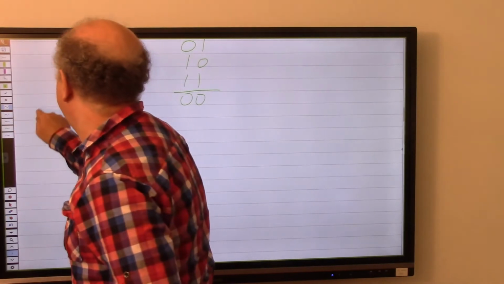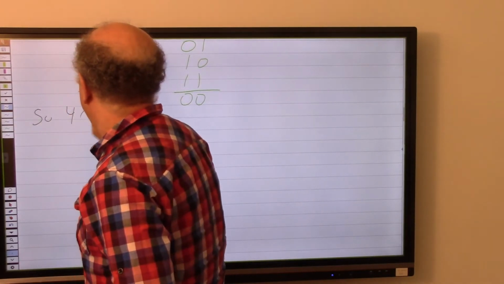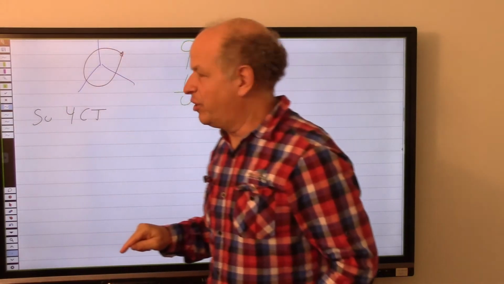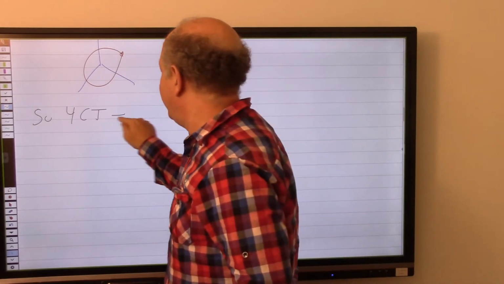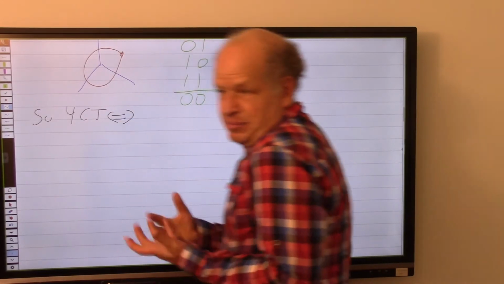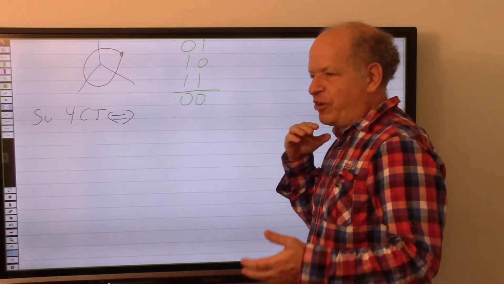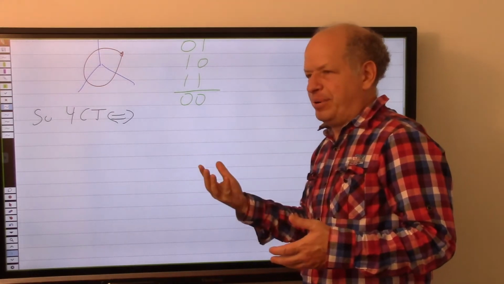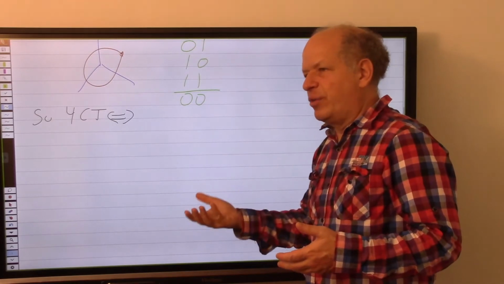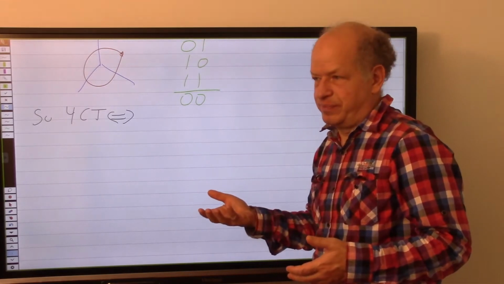So now let's go back to the 4-color theorem. The 4-color theorem is equivalent, I mean, I'm just rephrasing it. The 4-color theorem says every planar map has a coloring in 4 colors.